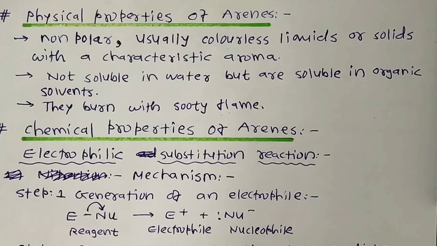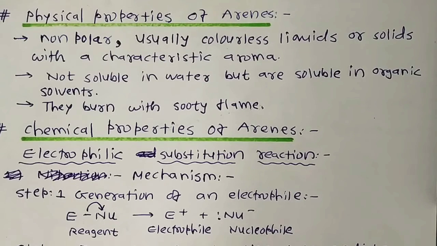This lower reactivity of arenes is because of the extra stability associated with the molecule due to the delocalization of pi electrons. Some important reactions of arenes are substitution or replacement reactions, addition reactions, and oxidation reactions. These are the main features of arenes.